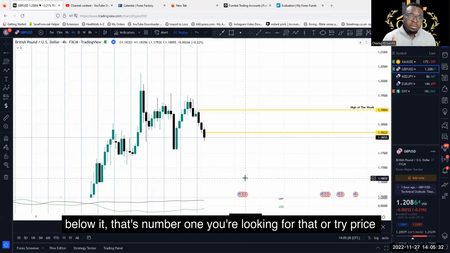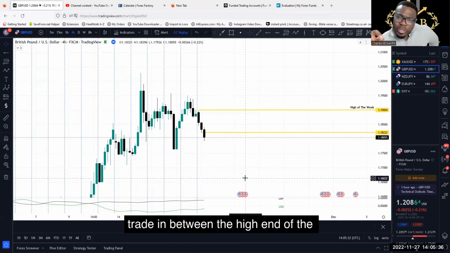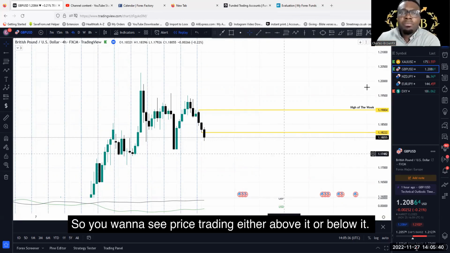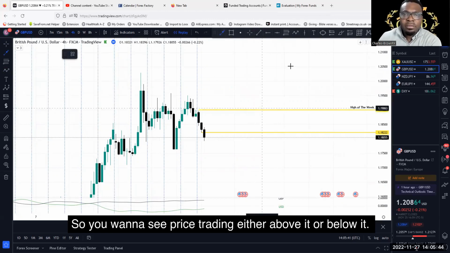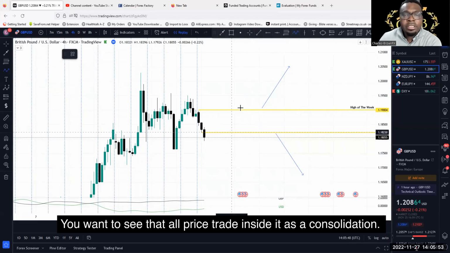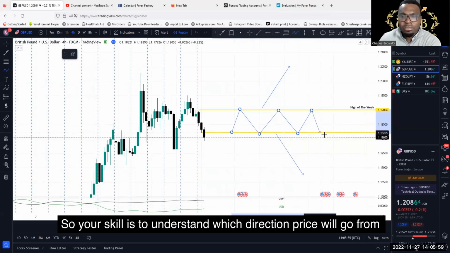Or number 2, price trades in between, inside the high and low of the week, as a consolidation.